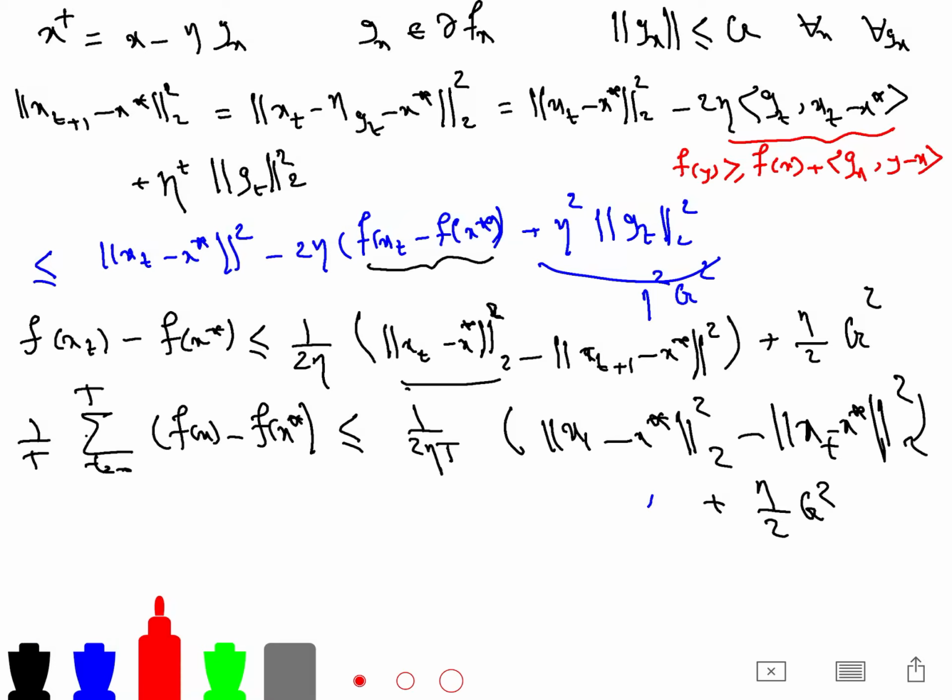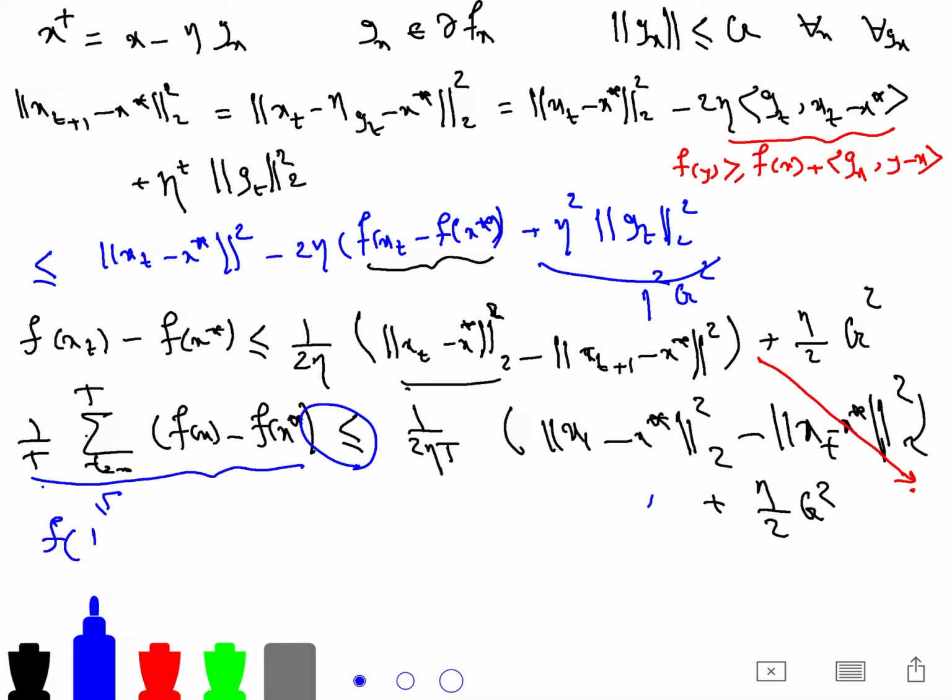Notice that I can just omit the last term because it doesn't matter for the inequality. And finally, because it is a convex function, it has the property that the average of the function is greater than or equal to f of the average of the points. So I can write this as well.